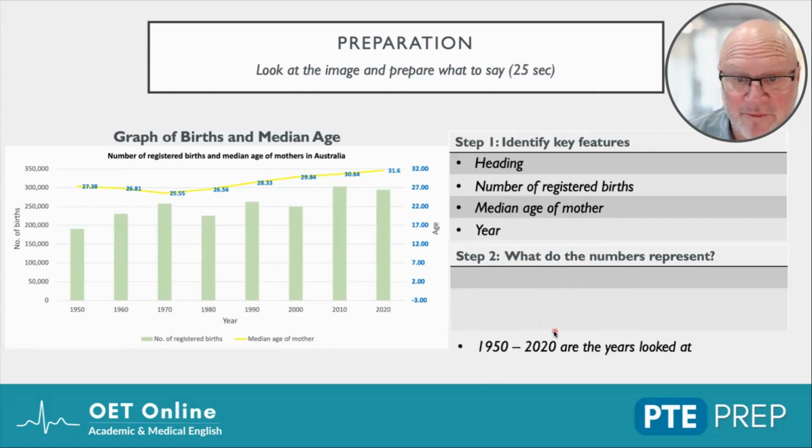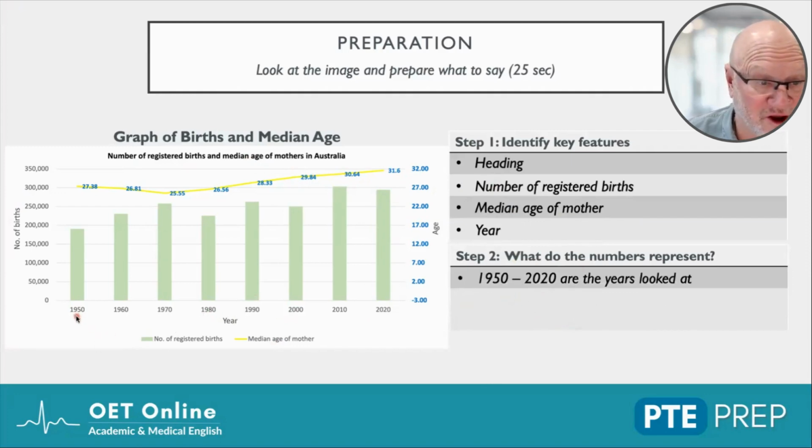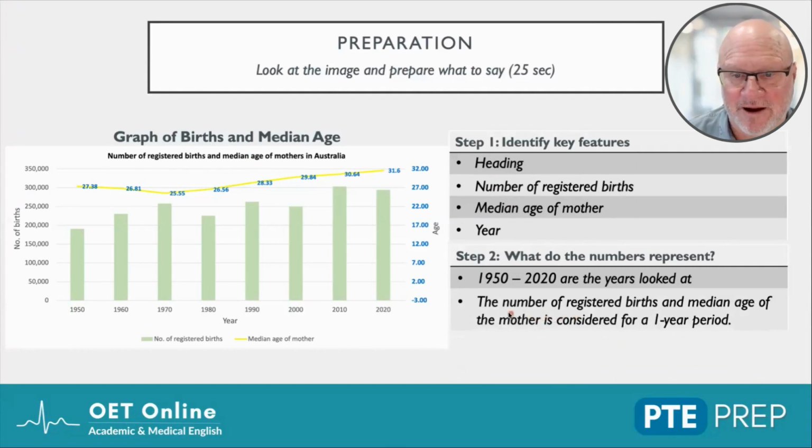What do these numbers represent? Well, 1950 to 2020 are the years that the graphical information has been collected on. And it's the number of registered births and the median age of the mother for a 1-year period.